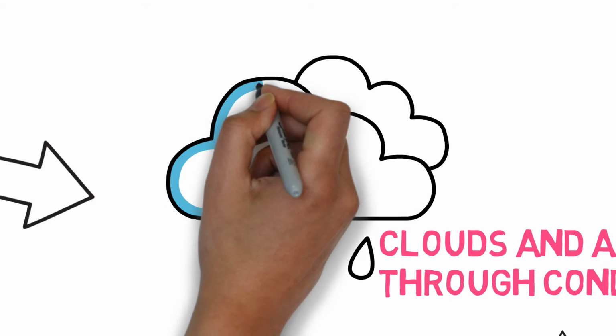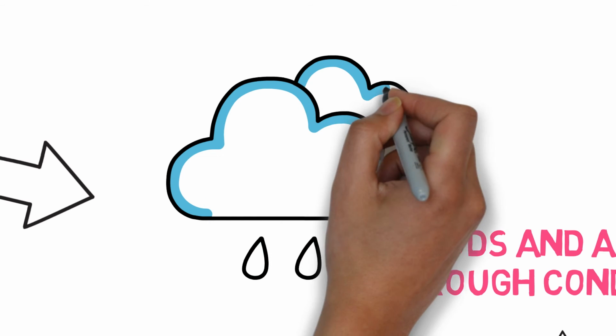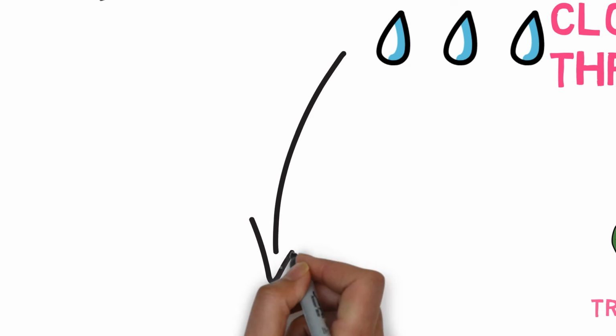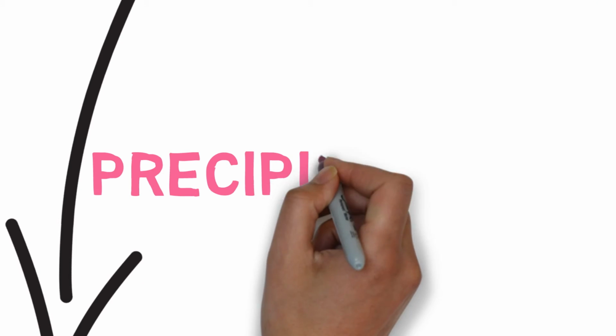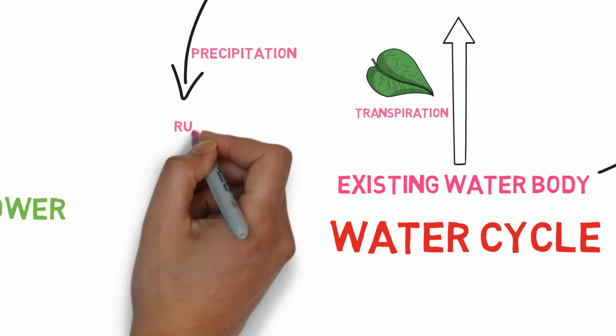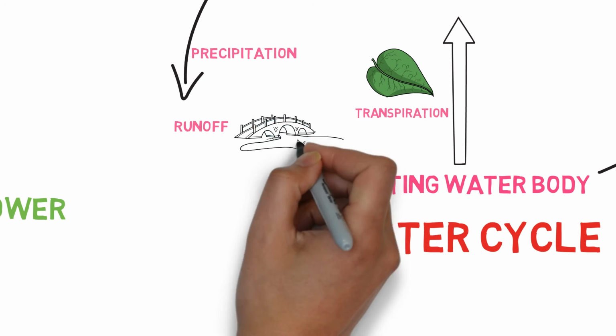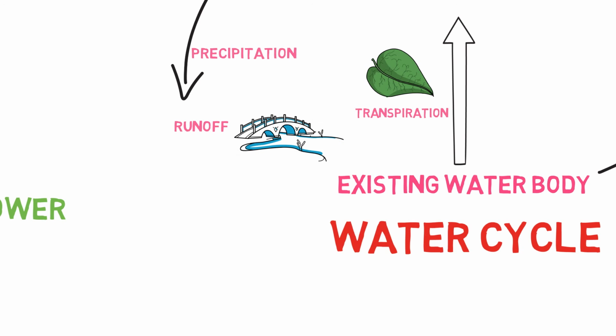When the cloud becomes quite dense, it condenses and precipitates, or in other words, rainfall is created. These rainfalls come to the surface and start flowing from higher areas to lower areas.